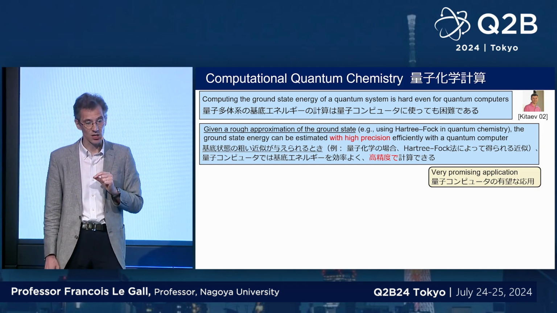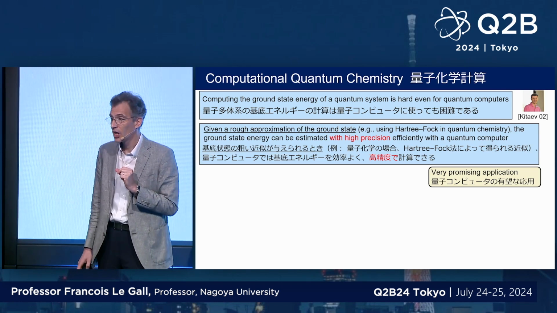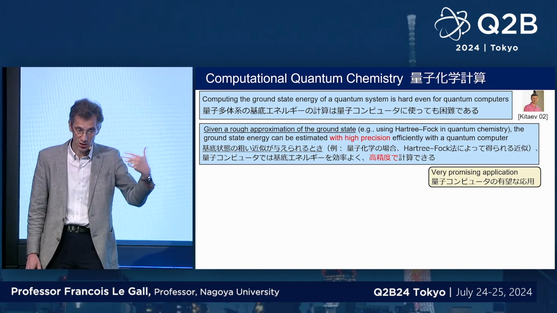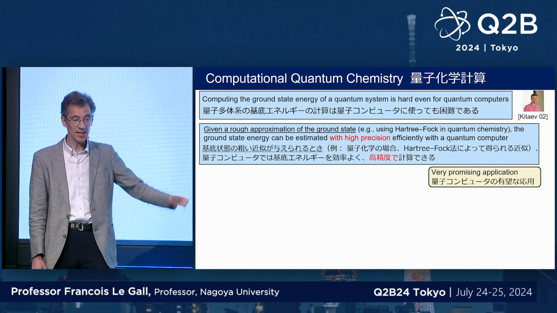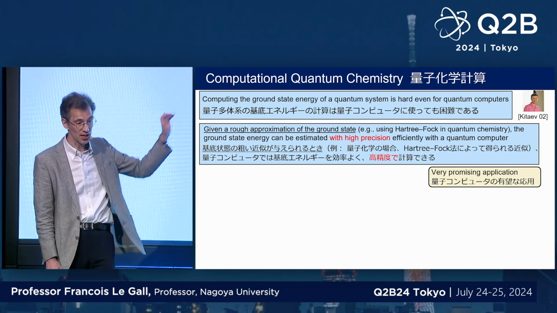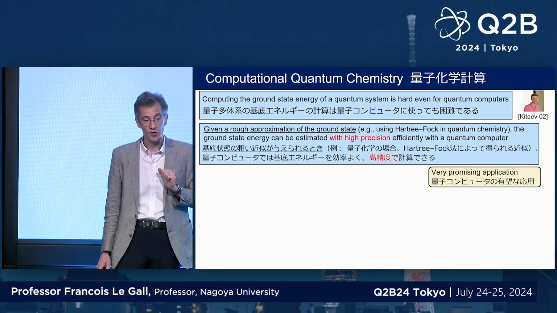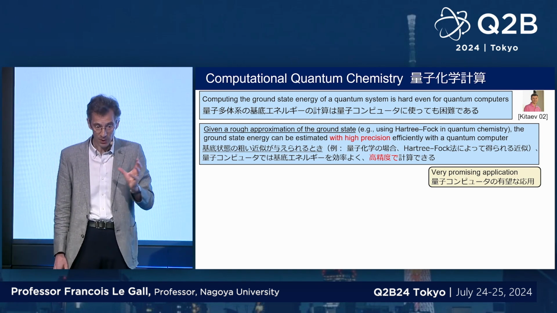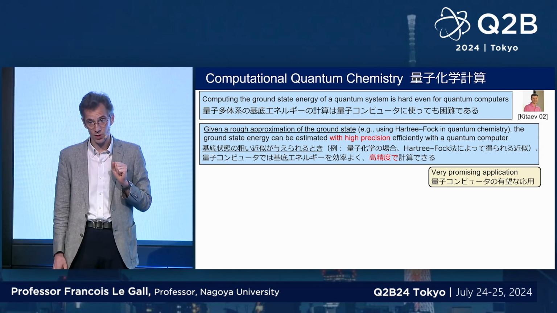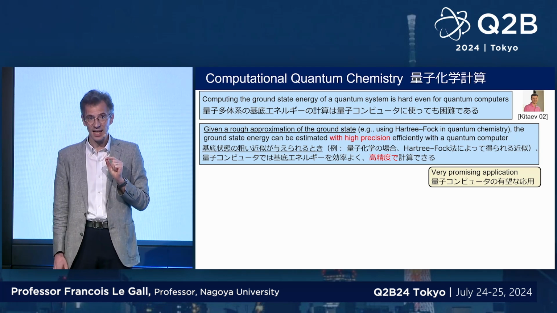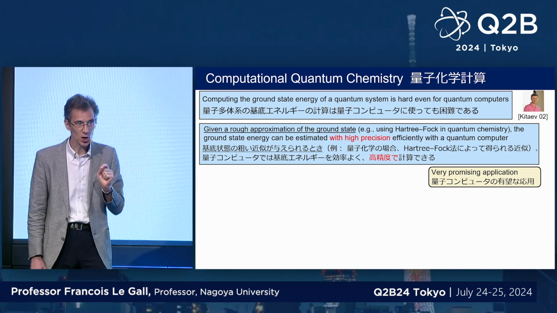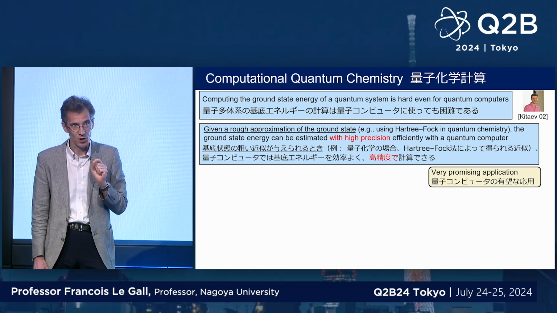There are many techniques, for example the Hartree-Fock technique. You first apply these techniques to get a rough approximation of the ground state, and then you apply phase estimation, and you can get a good approximation of the ground energy of the system. That's why this is a very promising application of quantum computers. But until recently, there was no mathematical proof of a quantum advantage here.